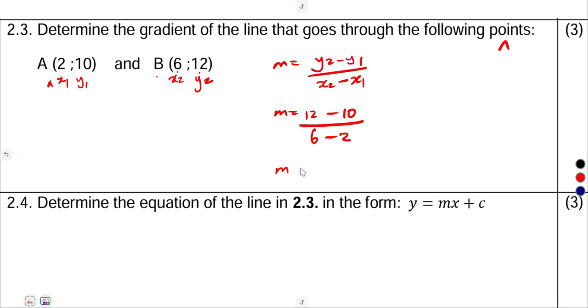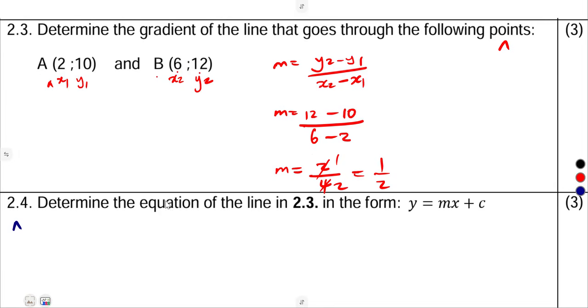Or you can use the other way, y1 minus y2 over x1 minus x2. Still, you're going to have the same answer on your gradient. That's 12 minus 10, which is 2 over 4. That's divided by 2, that is 1 over 2. So our gradient was going to be 1 over 2, change in y over change in x.